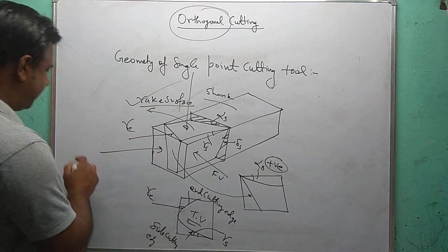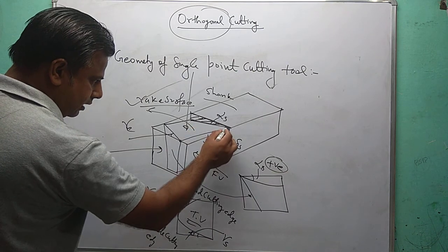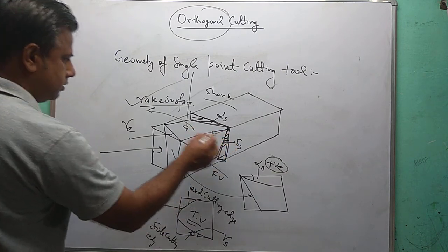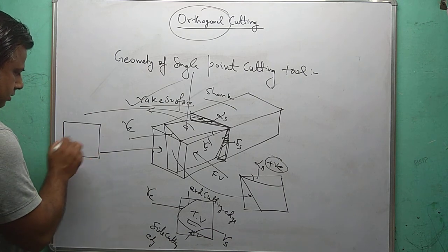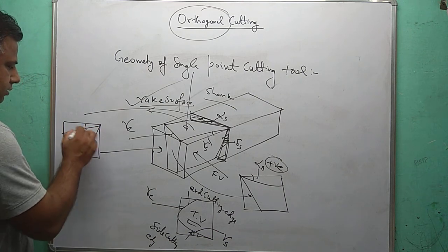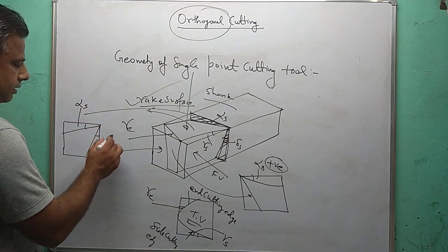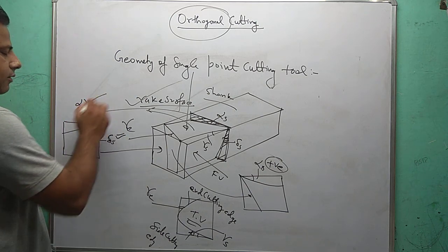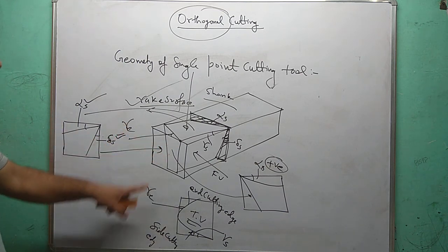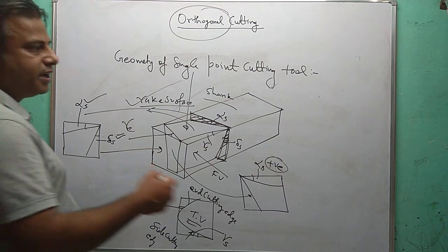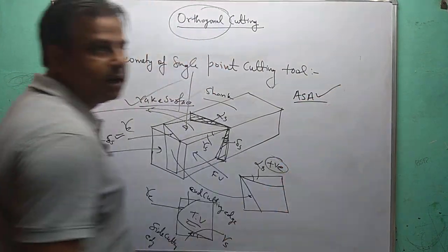When you see from the side, these two angles will be observed. This is my side rake angle, and this is my side clearance angle. I have already explained the nomenclature, or the order of the cutting angles, according to the ASA system, American Standards Association.